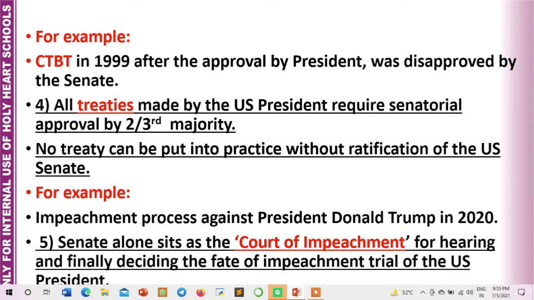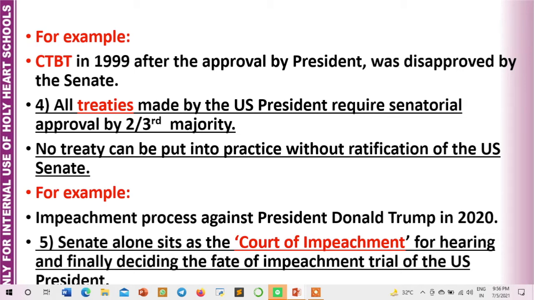It means all the treaties made by the US President require senatorial approval by a two-third majority. It's not a small thing, two-third majority. It means 66%. No treaty can be put into practice without ratification of the US Senate. This makes the US Senate a very powerful house.